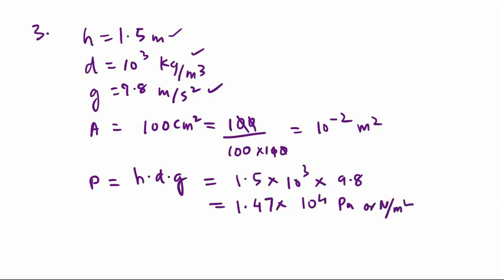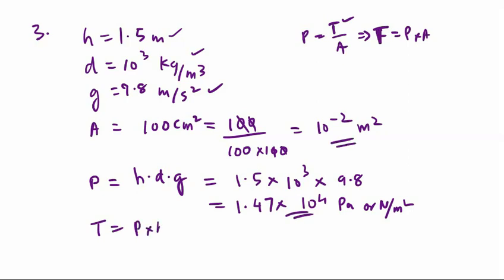And the second quantity that they're asking you to find is thrust at the base of the vessel. Remember that pressure is equal to force or thrust by area. So this implies that thrust is equal to pressure into area. We know what pressure is and we know what area is.